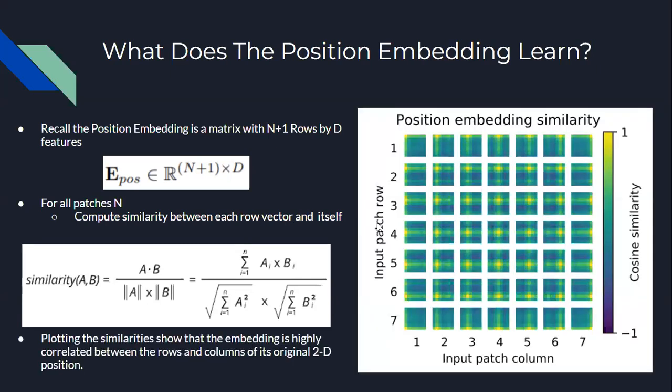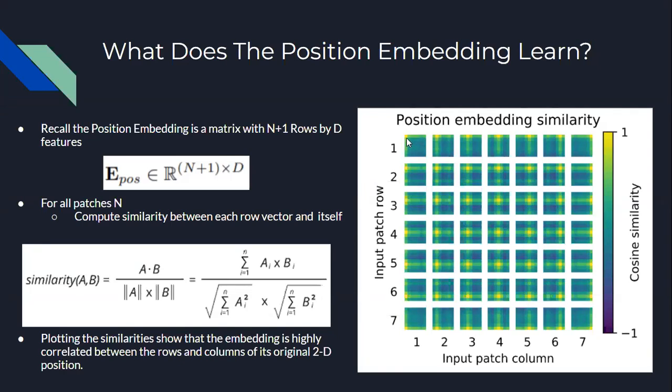So we can compute the similarity between any given row E, which reveals the actual position of the input patch. We can start to build a map of how similar each of those positions are with each other.